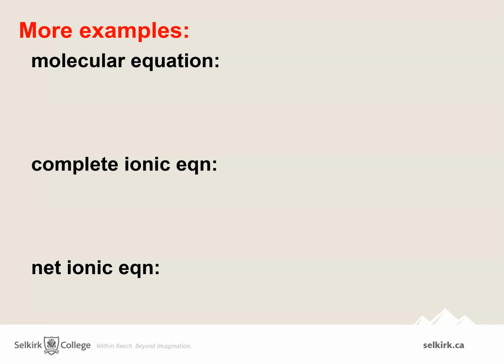Now, we want to write the formula for lead 2 nitrate. And you have to note the charges on the ion. Since it's a lead 2 plus, I will need 2 nitrate minuses to balance the charge. You saw the video. You don't need a table of solubility rules to tell you its state.